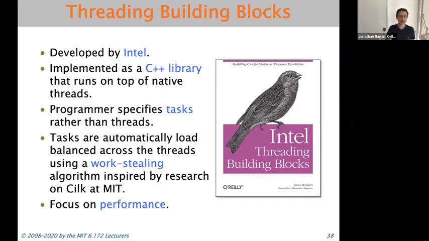And those tasks, instead of owning a logical core indefinitely, run for a finite amount of time and are logically load balanced across multiple physical threads running on our physical cores using a work stealing algorithm. And that work stealing algorithm is actually underneath all three of these higher level abstractions we're going to talk quickly about, and was inspired by research from about 25 years ago here at MIT, mostly in Professor Leiserson's group.